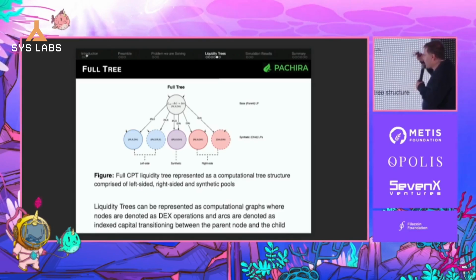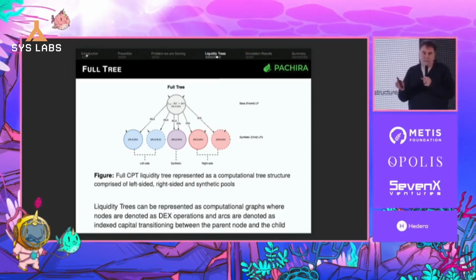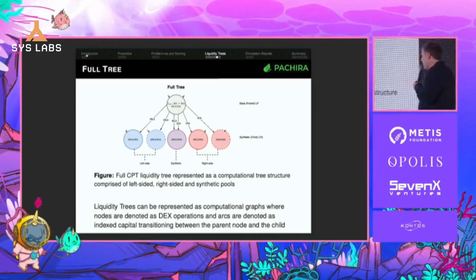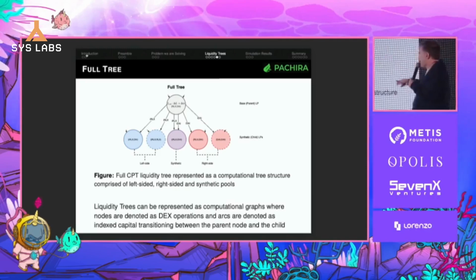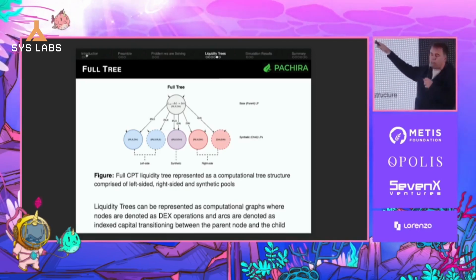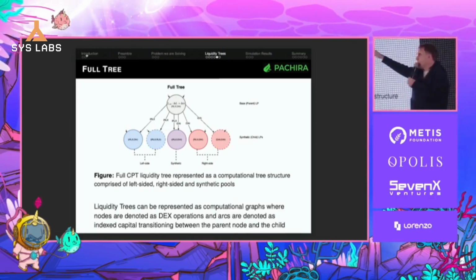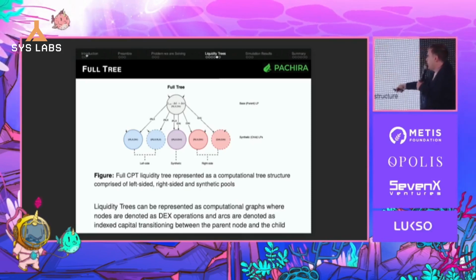Mathematically speaking, liquidity trees can be represented as computational graphs where the nodes are denoted as DEX operations and the arcs are denoted as index liquidity flowing from the parent to the children.